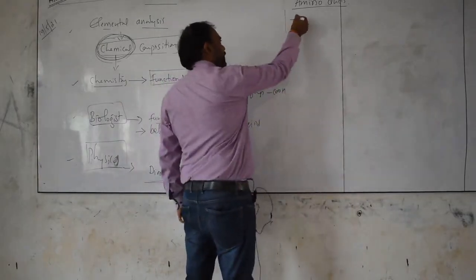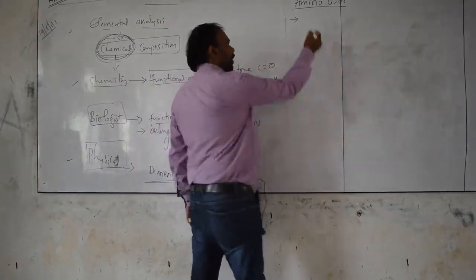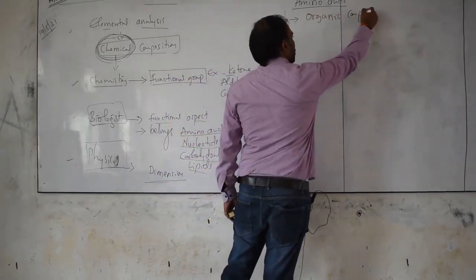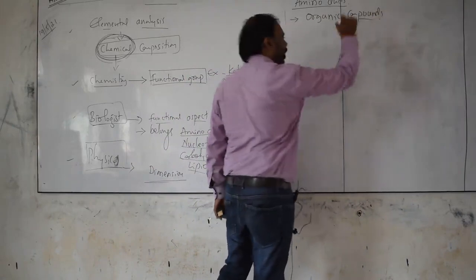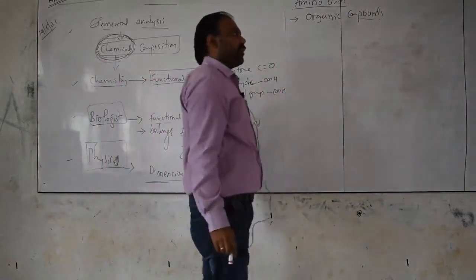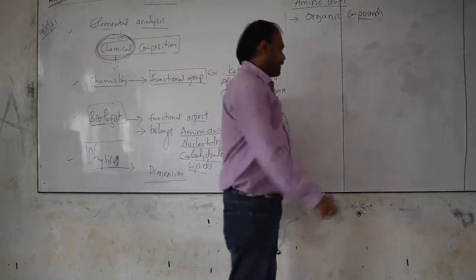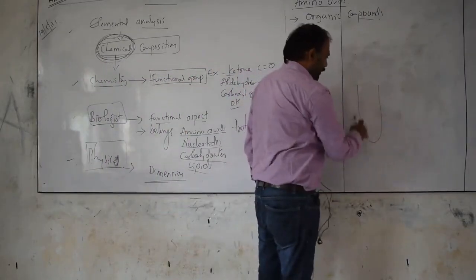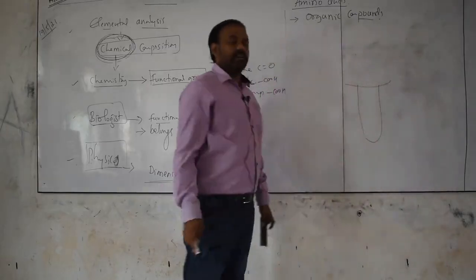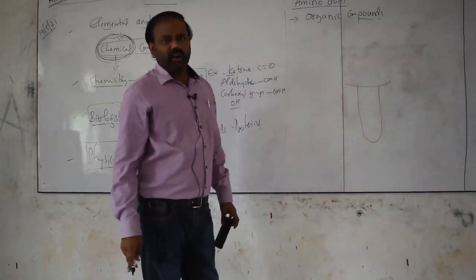When we understand amino acids, these all belong to organic compounds. First point: these all belong to organic compounds. Yesterday I told you while discussing the chemical analysis experiment, we had a test tube covered with cheesecloth or cotton.